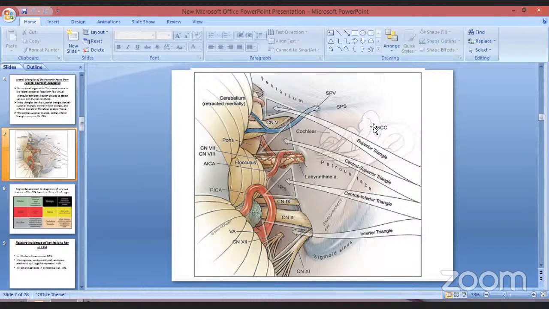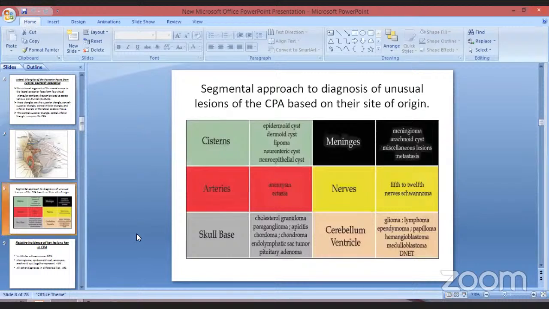So for practical purposes, it is the space between cranial nerve 5 and the lower end of cranial nerve 10. This is the part of the CP angle. Tumors and other pathologies in the CP angle arise from their own structures.